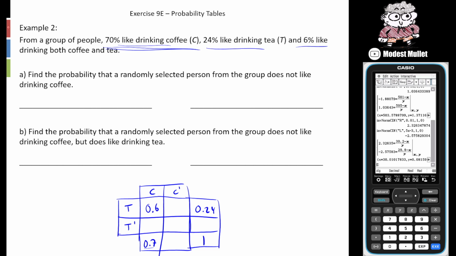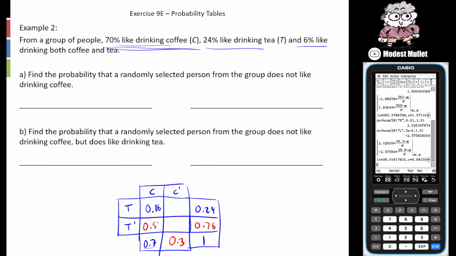Now the rest of it we can fill in just by making everything add up. 0.24 needs to be 0.76. Oh, and that's a mistake. That's 0.06 for 6%.